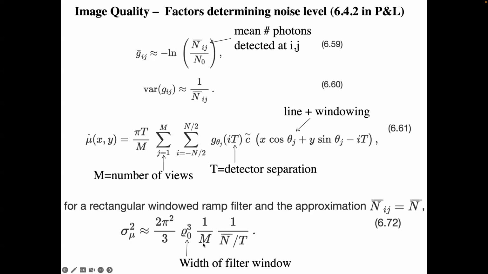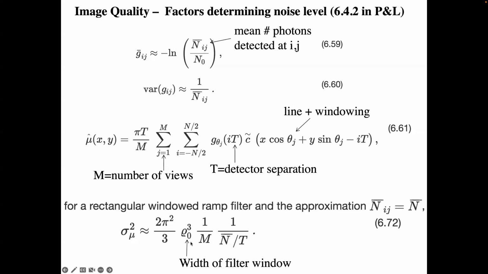So the noise went down by a factor of 2. It's inversely linearly proportional to the number of angles. So more angles means lower artifacts for one thing, but it also means the signal to noise is going to get better because the variance is going down. It's just like averaging, right?